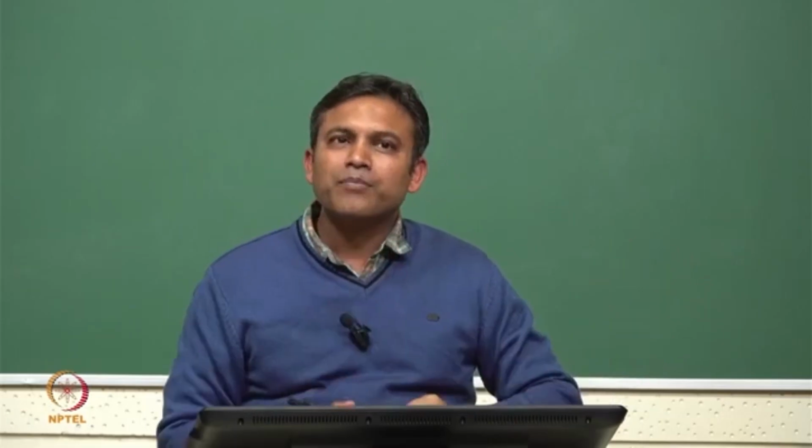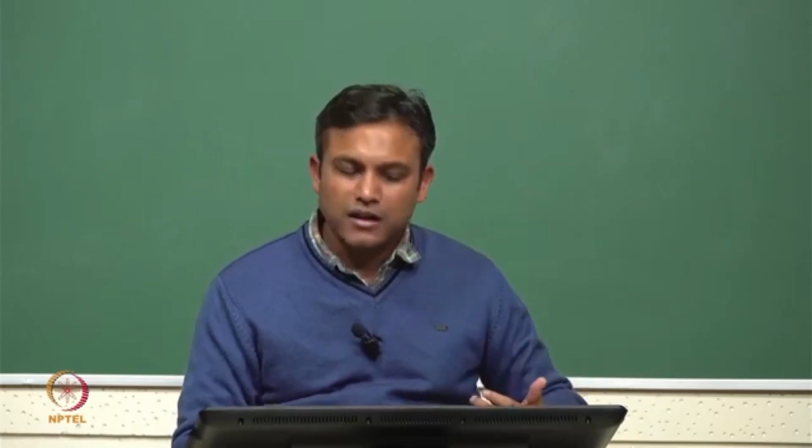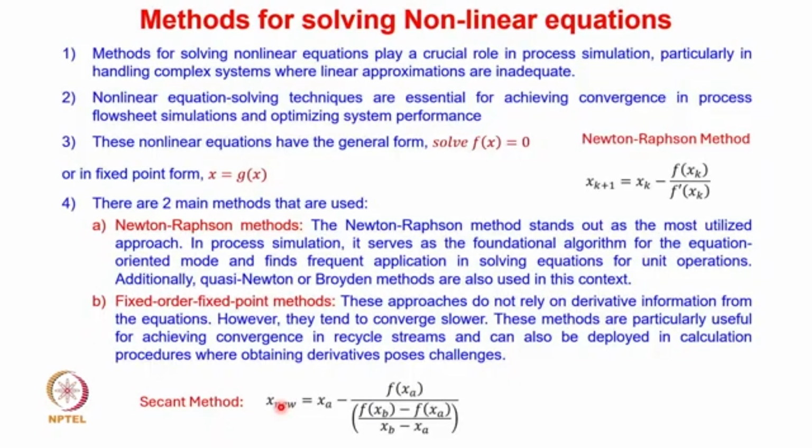If you look at the secant method, it is based not just on the concept of Newton-Raphson, but also on the concept of eliminating the search space. It eliminates the search space based on what value of x new we are getting. Then we look at whether this x new value is between xa and xb.